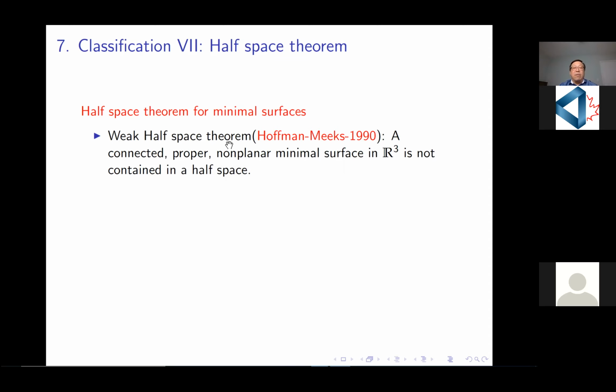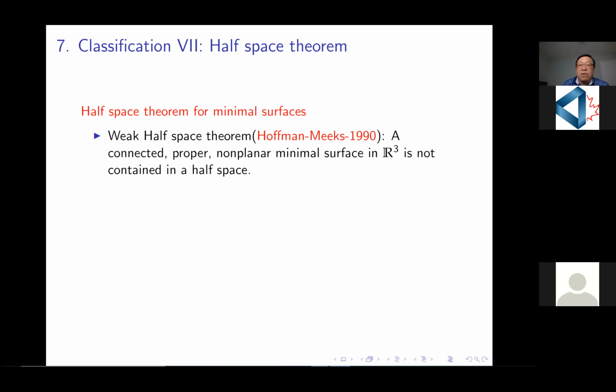In minimal surface theory, Hoffman and Meeks in 1990 proved the so-called weak half-space theorem. The theorem says if you have a connected proper non-planar minimal surface in R3, and if it is contained in a half space, above a plane, then it must be a plane.